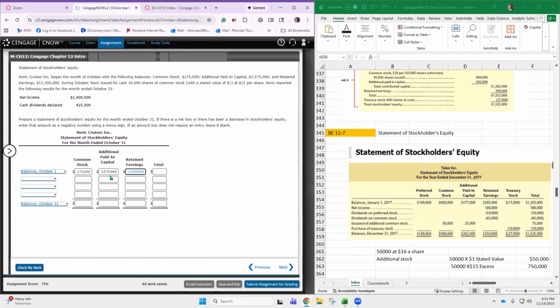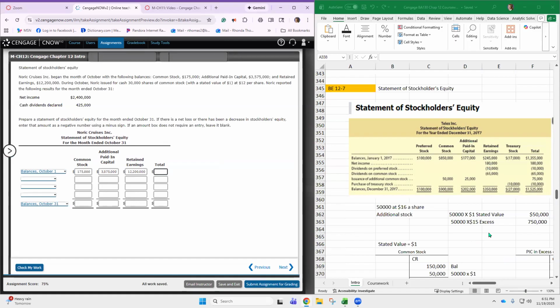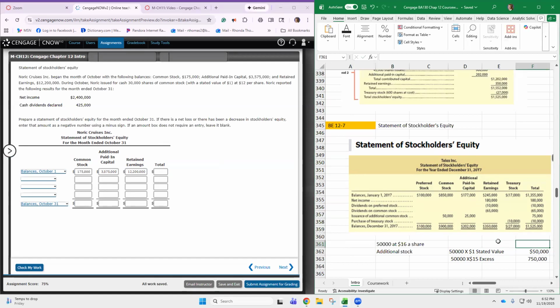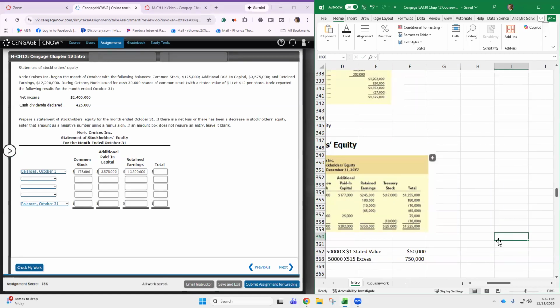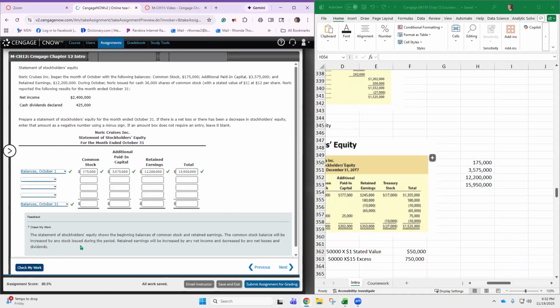I need a total to add across there, so let me add these together: 175,000 plus 3,575,000 plus 12,200,000 is a total of 15,950,000. Let's see if we've gotten things started off okay. Looks like we have.